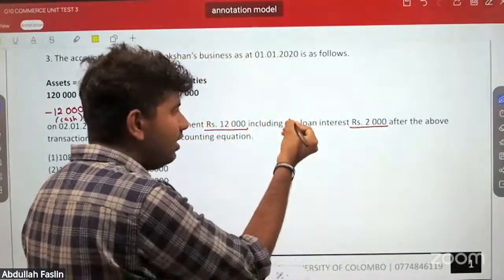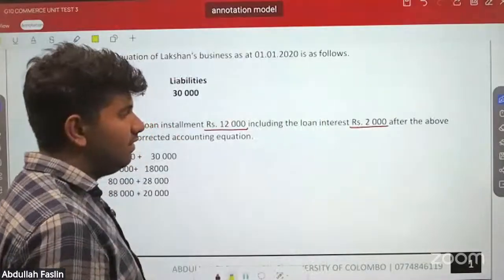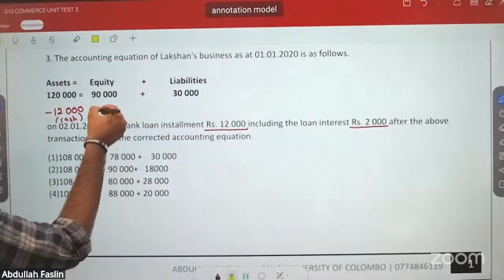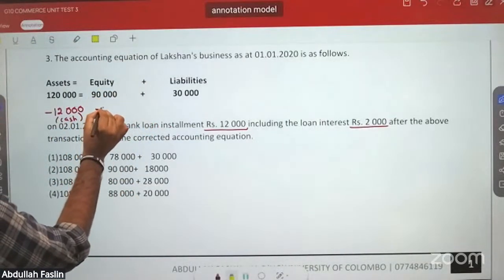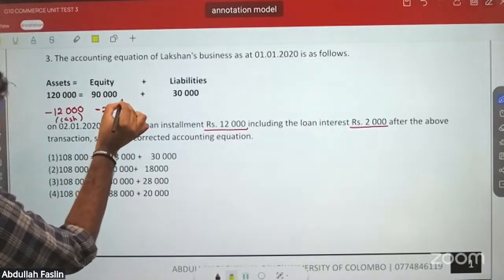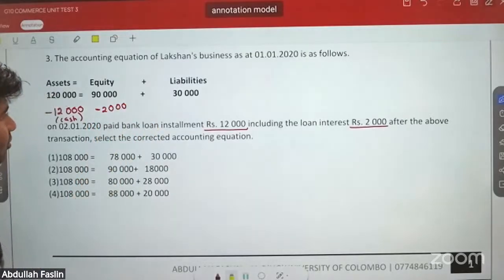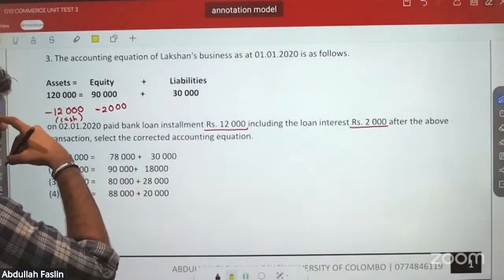I told you, loan interest is an expense. Therefore, when you pay loan interest, equity will reduce by 2,000. If equity reduced by 2,000, according to this equation, liability should reduce by how much?